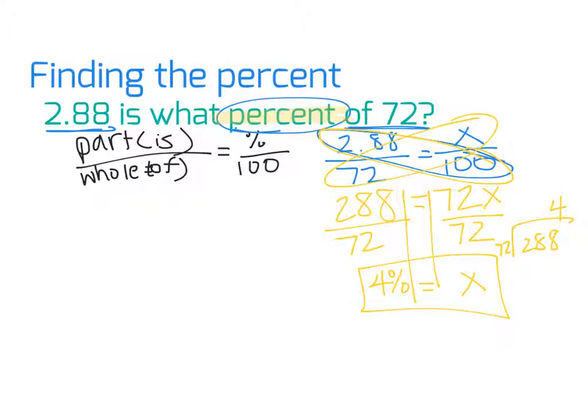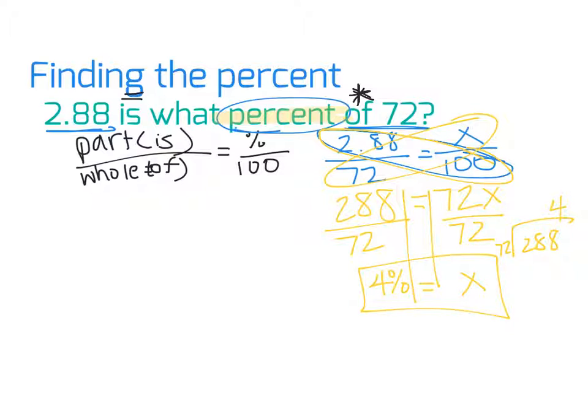If you use an equation for this one, you have got to be super careful because you have to remember that your percents, when they're being multiplied in an equation, are written either as a decimal or as a fraction. So the two different ways that you could set this up, remember that is equal, of is multiplication.